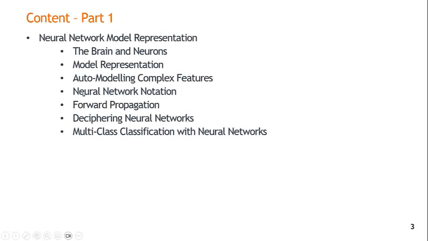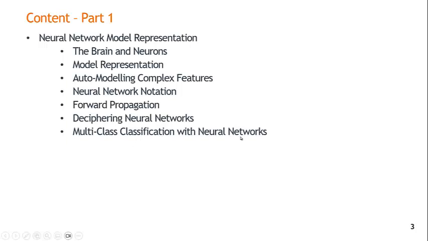So then we introduce the notation. This is important because it's a much more complicated model, so you need a nice way to represent it. Forward propagation illustrates how it works, deciphering neural networks, and multi-class classification with neural networks.